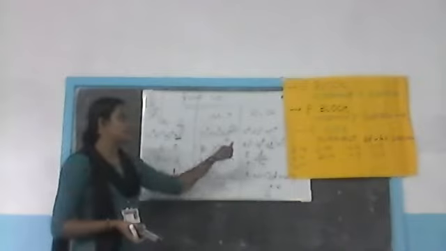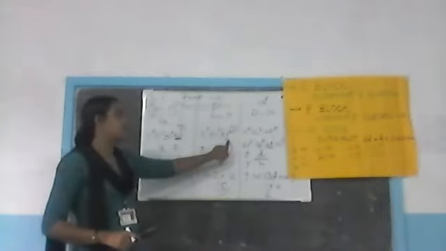Now once again repeating: how can you find out the group number for different elements? For s block, p block, and d block elements. For s block elements, the group number is the number of electrons present in the last subshell. For p block elements, add this number with 12.